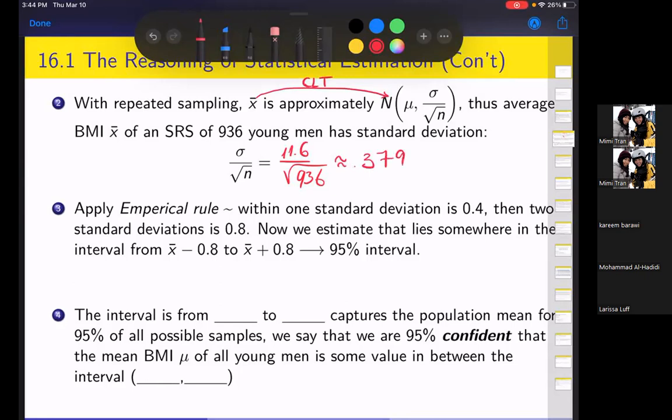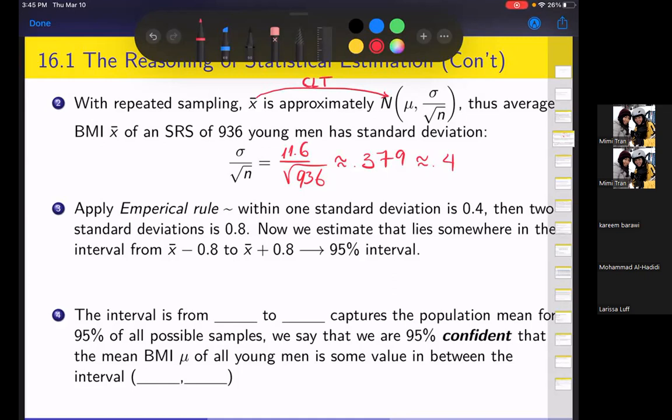0.379. Now, because I want to use the empirical rule, right now we try to construct a confidence interval from scratch. Later, I'm going to show you the formula. Just use the formula. But right now, from scratch, I don't know how many standard deviations from the mean 0.379 is, right? But if I round it up to 0.4, I'm just going to say 0.4 is 1 standard deviation from the mean, right?